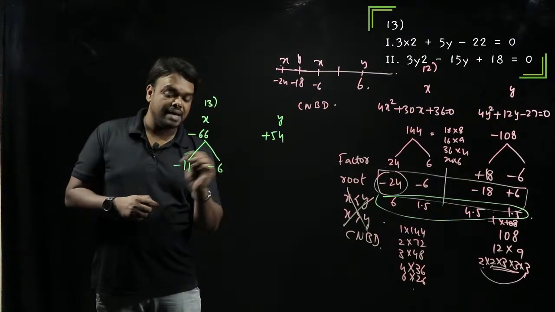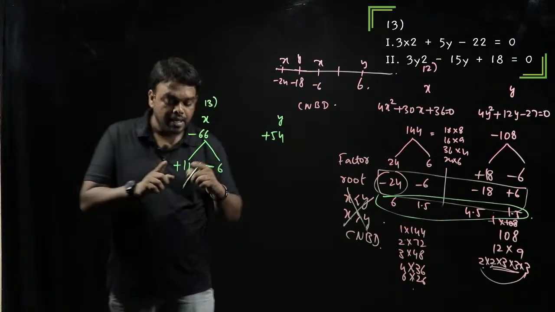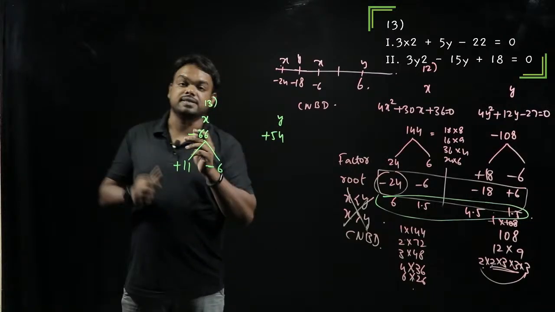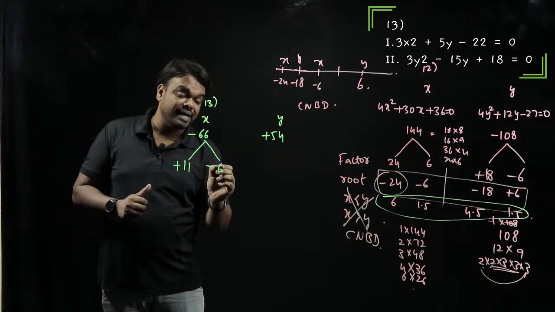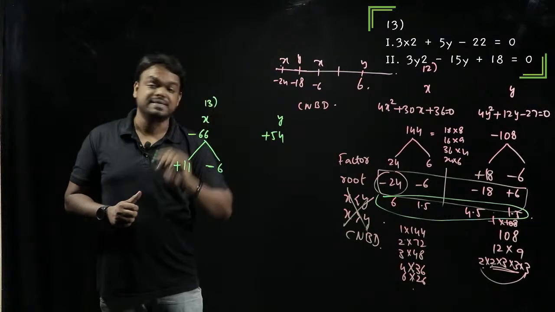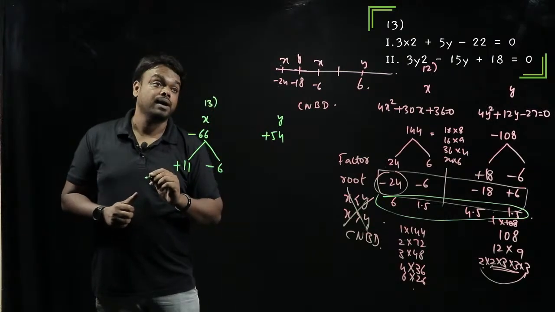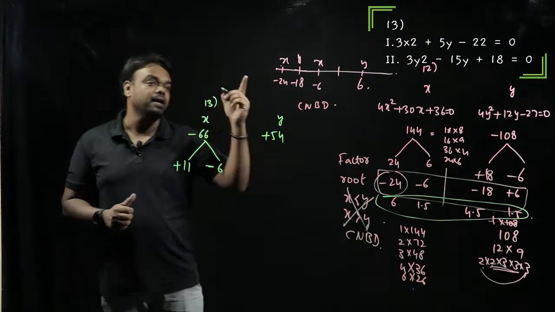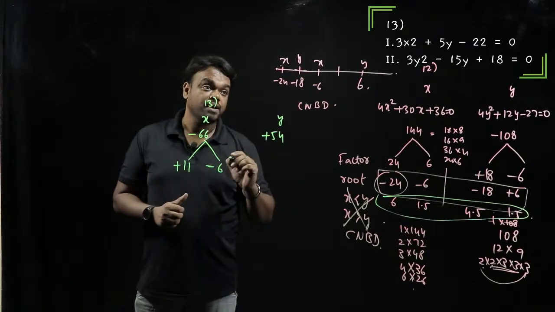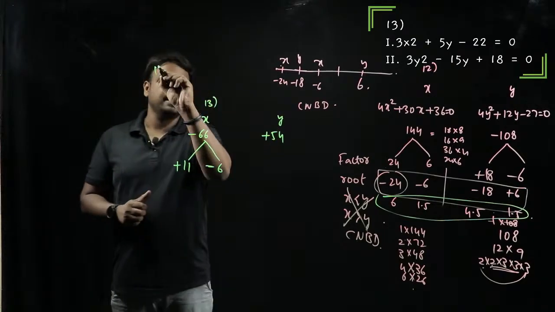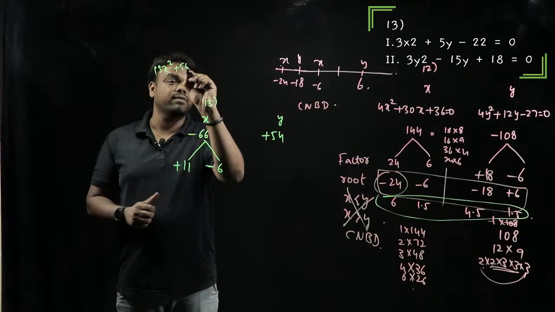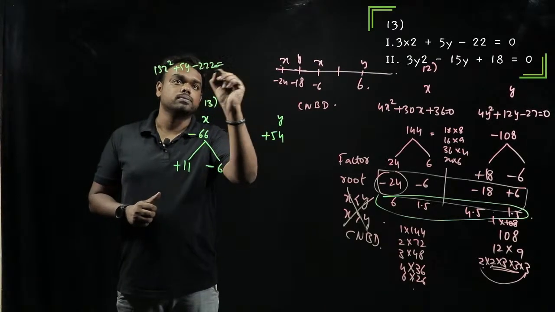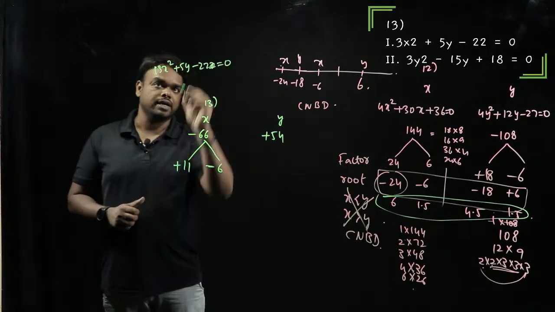Plus into minus is minus 66, सही है, plus 11 minus 6 is plus 5, वो भी सही है. चेक करो, प्लस 5y है, that is a print mistake people, that is plus 5x. 3x square plus 5x minus 22 equal to 0. This is the actual equation.